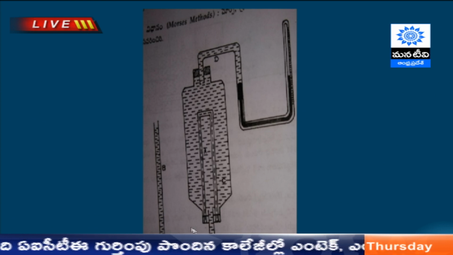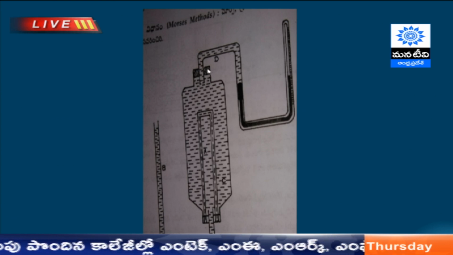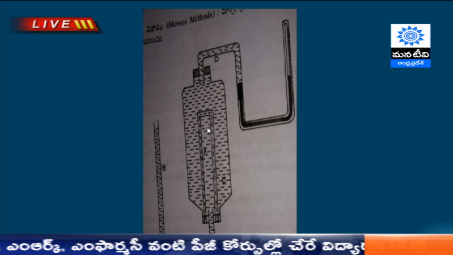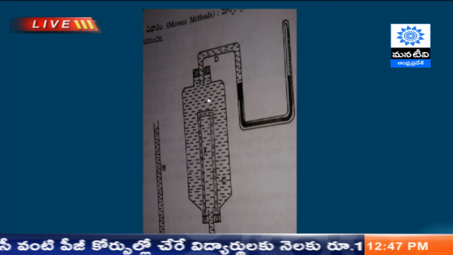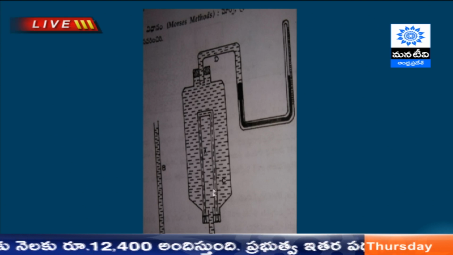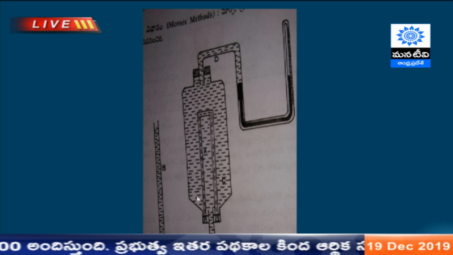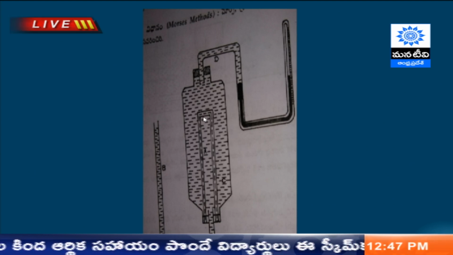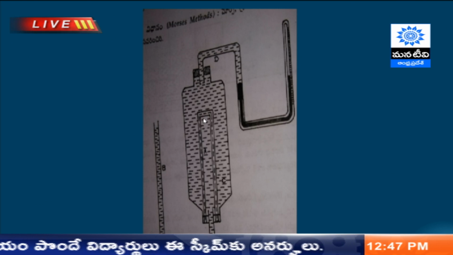This is an alloy, made up of, I suppose, brass. Now, these two parts are separated by a semi-permeable membrane. All this is semi-permeable membrane. And maybe it is at the lower end. This is a semi-permeable membrane.